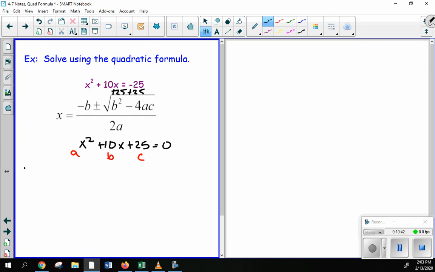So part A, I'm going to do b squared minus 4 times a times c, which is 10 squared minus 4 times 1 times 25, which gives me 100 minus 100, which is 0.